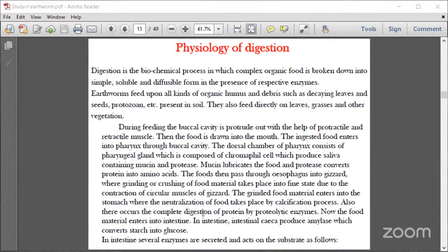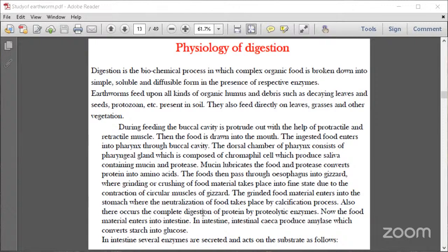The food then passes through the esophagus into the gizzard, where grinding or crushing of food material takes place into a fine state due to the contraction of the circular muscles of the gizzard.